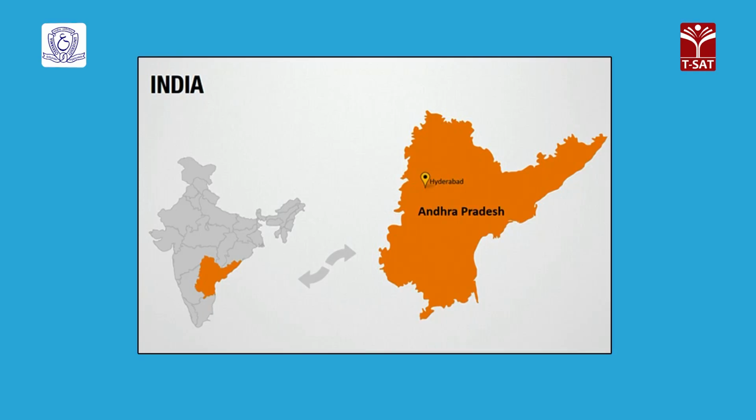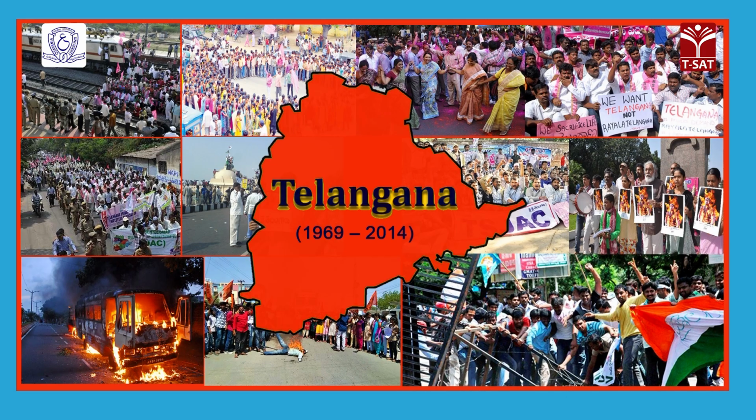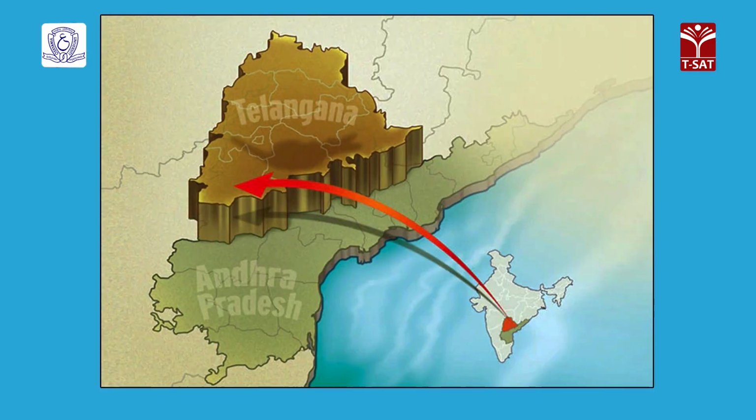The erstwhile combined state of Andhra Pradesh can be cited as the best example of the consequences of intrastate regional imbalance in terms of development, which has led to several agitations for a separate Telangana state, for several decades from 1969 up to 2014. Finally, it was formed as a separate state, the 29th state of India.